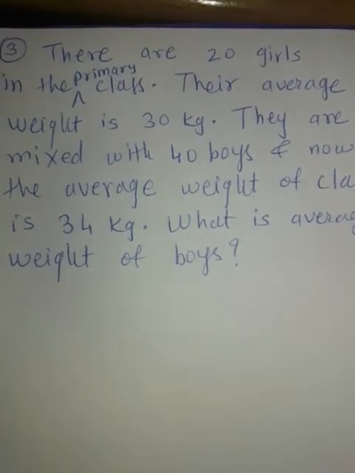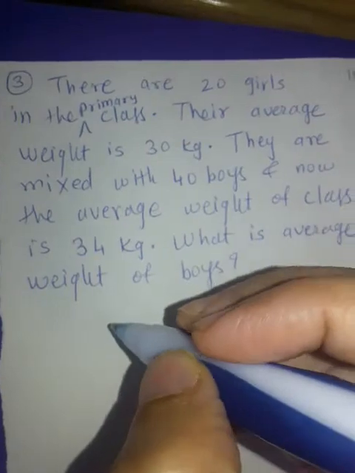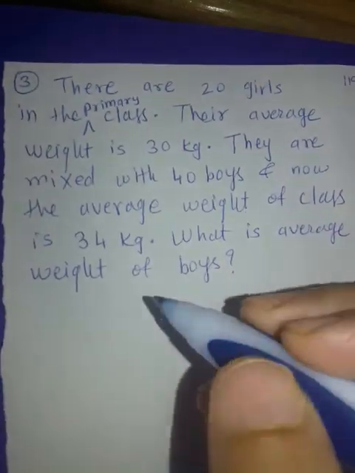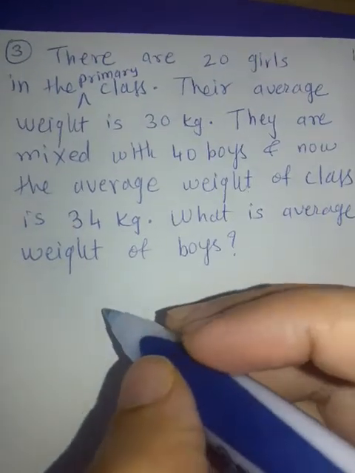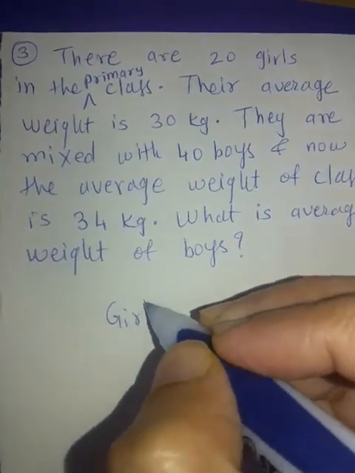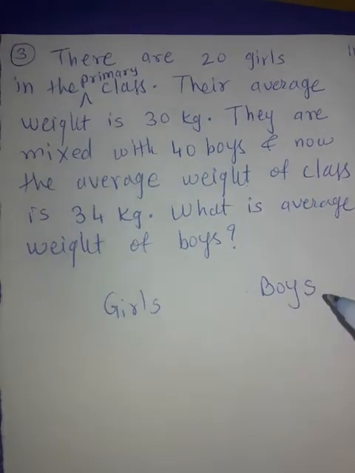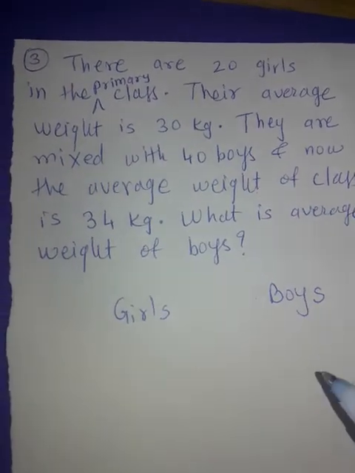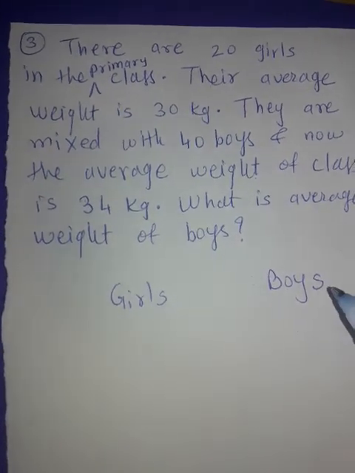Now let's solve this example. What is given to us? Girls and boys. So again two types, type 1 and type 2, object 1 and object 2. So here there are girls and boys. When I say quantity of object 1 and quantity of object 2, when it comes to girls and boys, what will it mean?